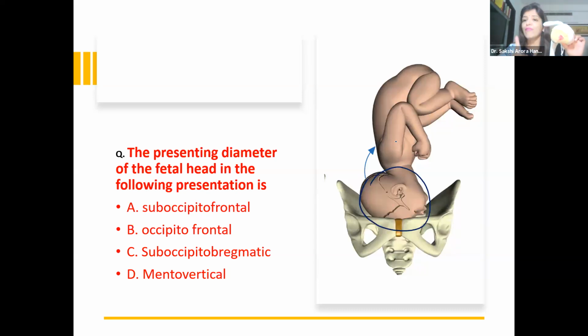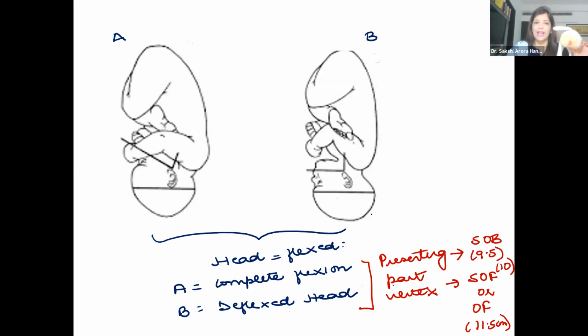So in a fully flexed head, the presenting part is vertex, right? So if head is fully flexed, like in image A, the presenting part is vertex. That is, vertex is the part which lies between the posterior fontanelle and anterior fontanelle.